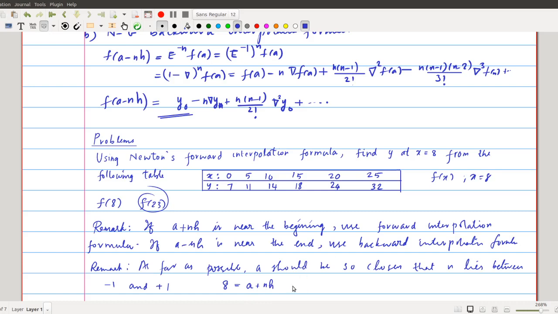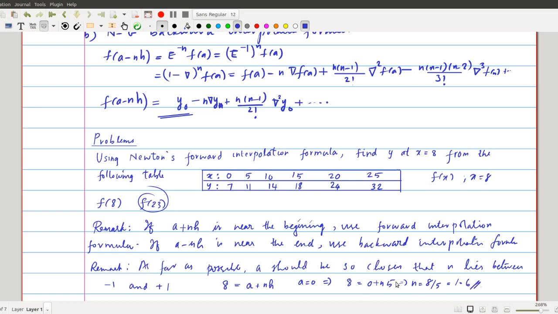So here if we choose a equal to 0, we can say that this 8 can be 0 plus nh, and h is 5 here, so we put 5 here. This implies n will be 8 by 5, that will be 1.6.